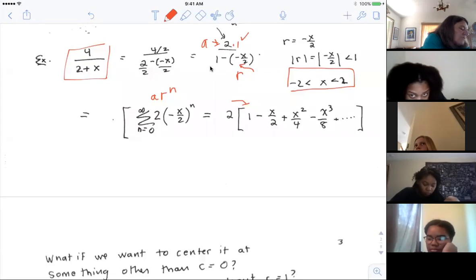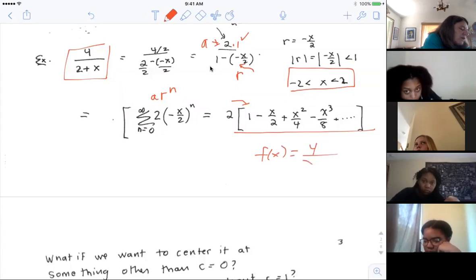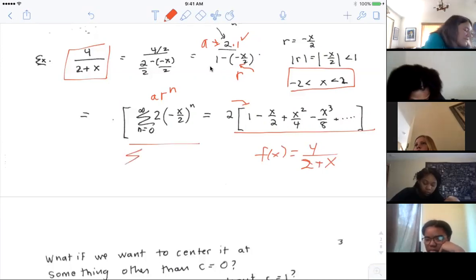So here's the power series representation of the function f of x equals 4 over 2 plus x. And that's how I wrote it. And it's alternating. Sometimes you'll see them write this differently.